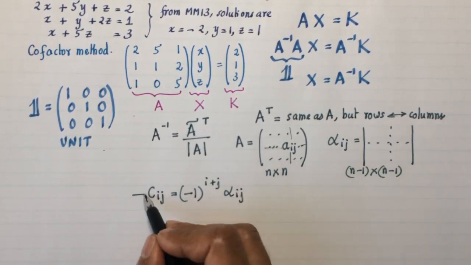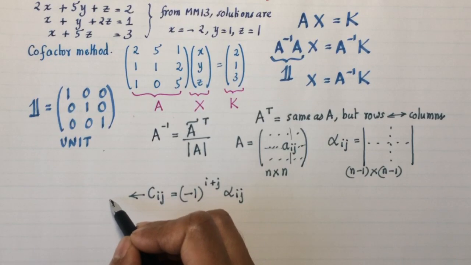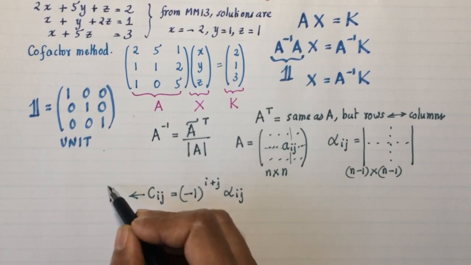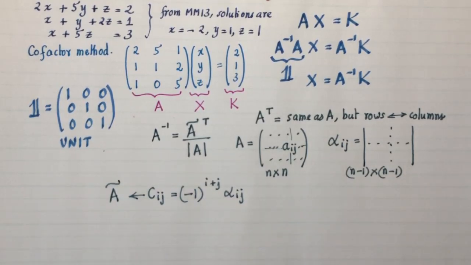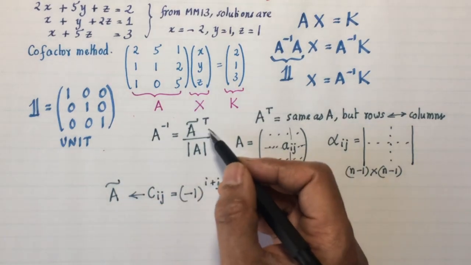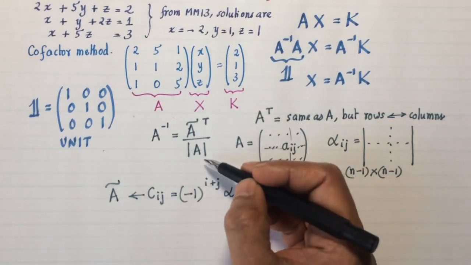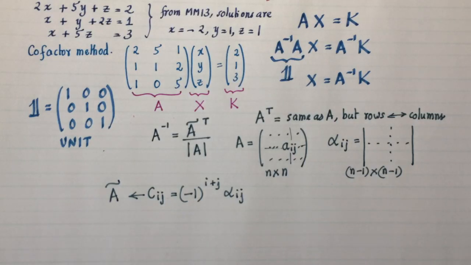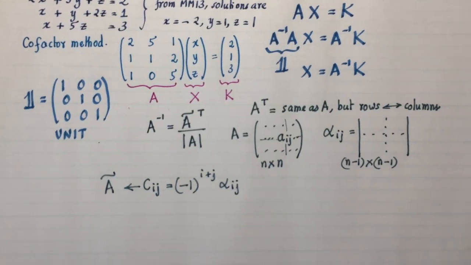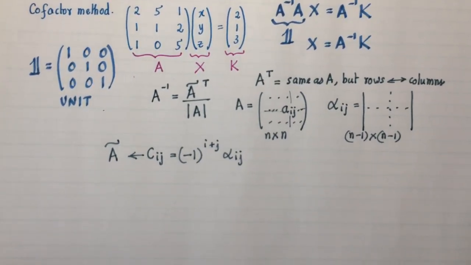And then once you form the cofactor matrix, that will be called A with the tilde. And then you take the transpose of that cofactor matrix. And then you divide by the determinant. So it's a very long and laborious process, and this is most suited for just computers.